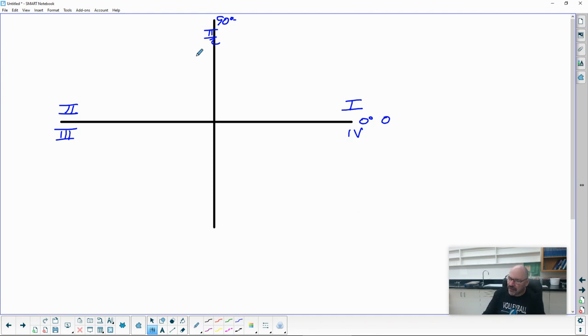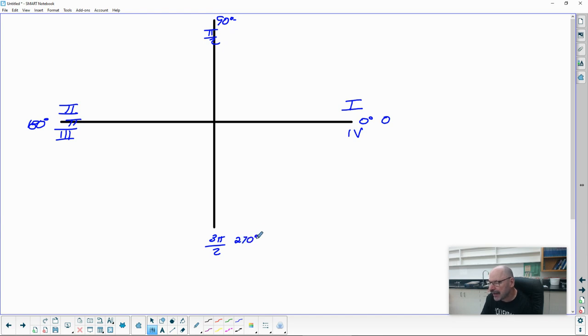If we slide all the way over here, this is 180 degrees. And we know that 180 degrees is pi radians. Another half pi down here would be 3 pi over 2, or 180 plus 90 is 270 degrees.